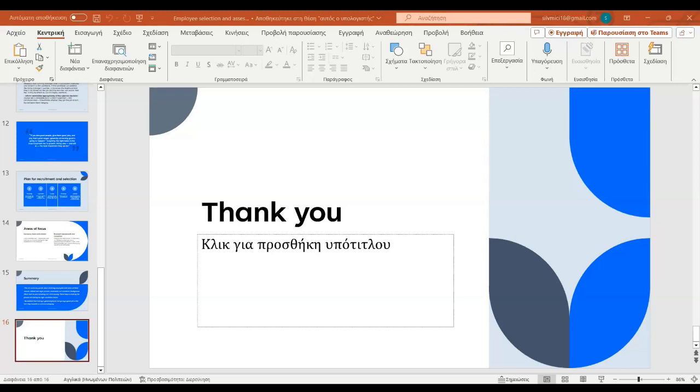So let's hope that in the future this will be 100% improved, and the recruiters will find a way of finding the time to send feedback to all of the applicants.